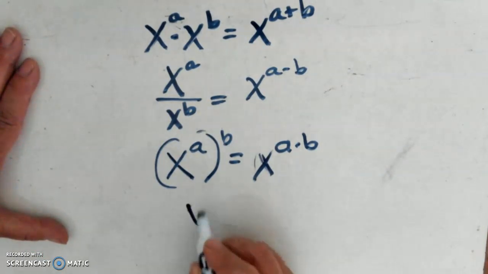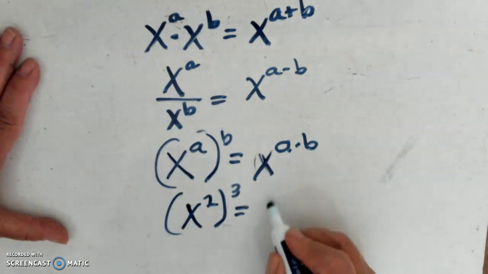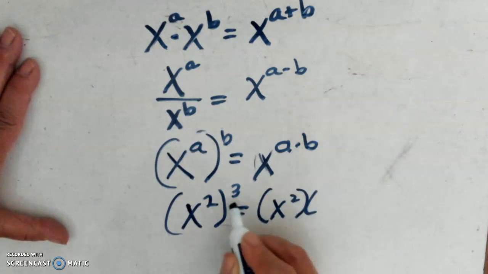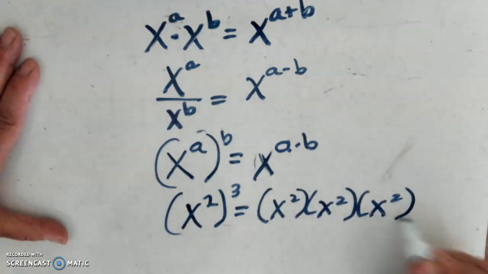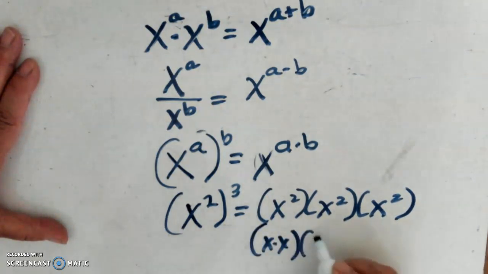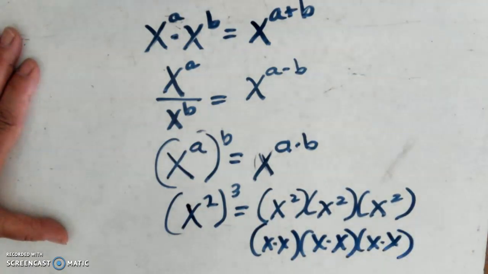If I took x squared to the third power, that's the same as x squared, and I need 3 groups of these. And if I expand that even more, x squared is x times x, x times x, and x times x. This then becomes, if I count all those, x to the 6th power.